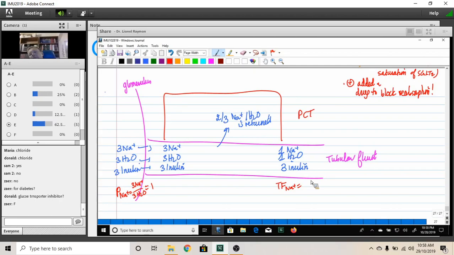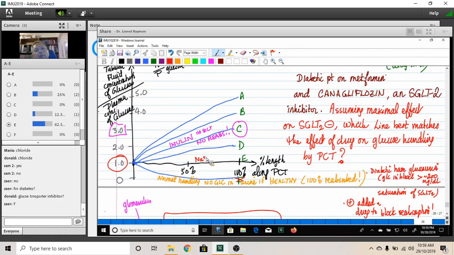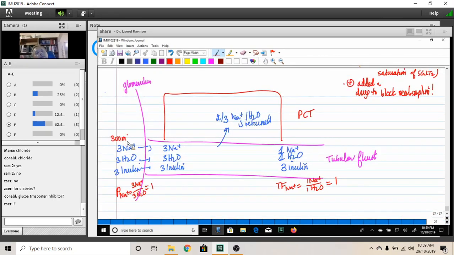That's what happens to sodium, that's what happens to water. And that reminds you of something big in renal physiology: if here we are 300 milliosmol per liter, we are still 300 milliosmol per liter by the end of the proximal tubule, because salt and water move together.